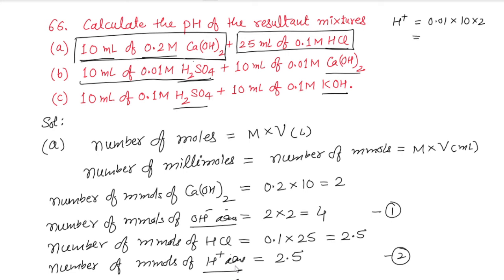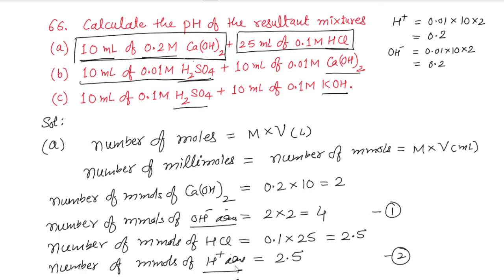So the number of millimoles of H plus ions is 0.2. Then the number of millimoles of OH negative ions is again 0.01 into 10 into 2, again 0.2.